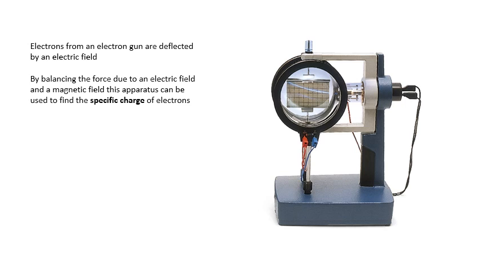You can have an electric field there which will deflect the electrons, and you can also have a magnetic field as well. These big circular things are electromagnets, Helmholtz coils they're called, and by balancing the two fields you can work out the specific charge e/m of an electron.